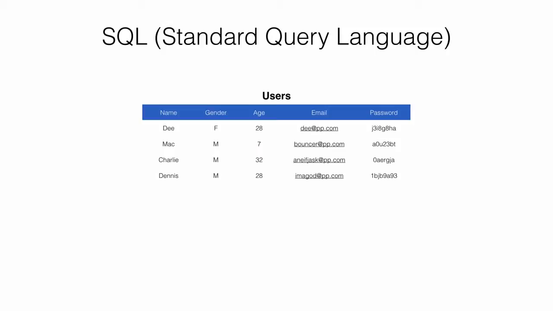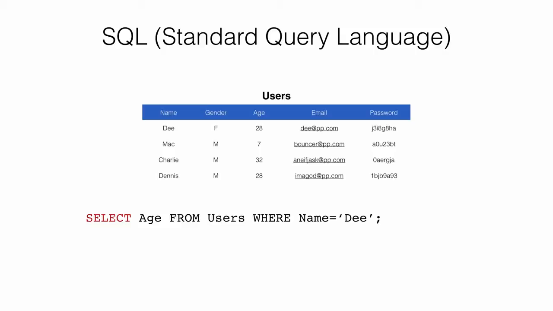Now, we can use SQL to read from this database and to write to it, update it in various ways using different SQL commands. The most common SQL command is probably the select command, and it gives you a way of querying the contents of a database.